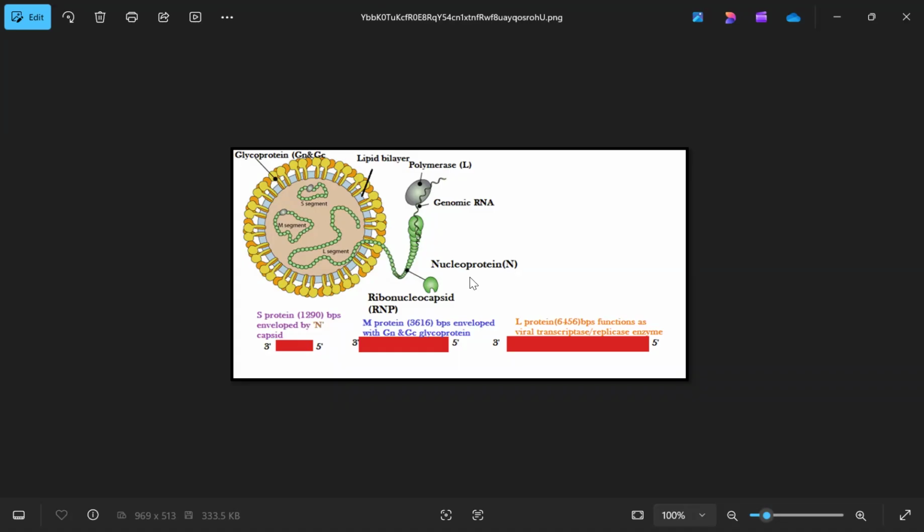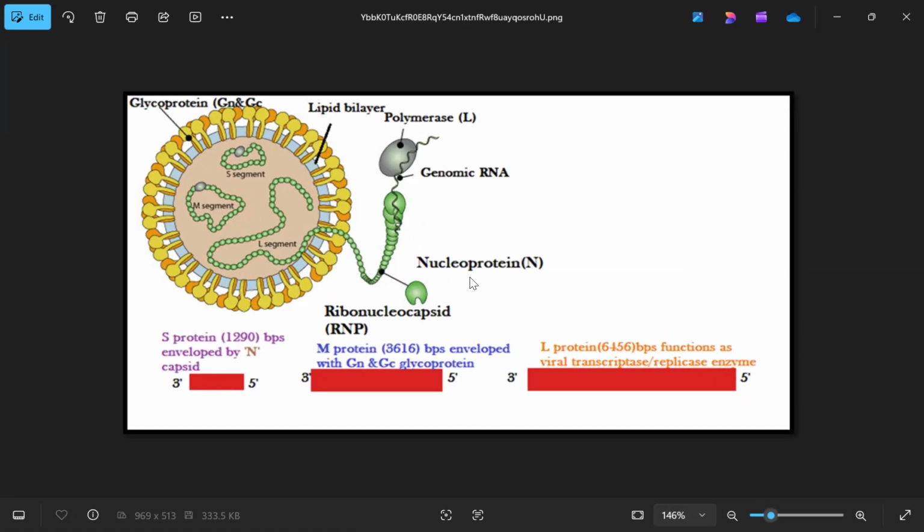what I want to start with here is this diagram that's showing the hantavirus and the schematic of a cross section of the actual virus. And then we're going to go over a little bit of the details of the genome.